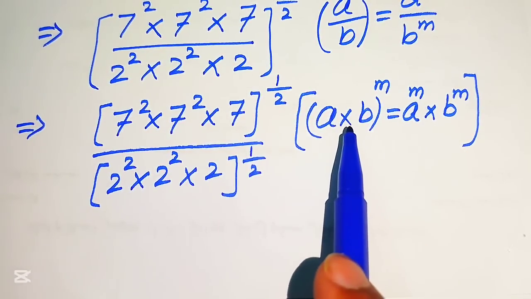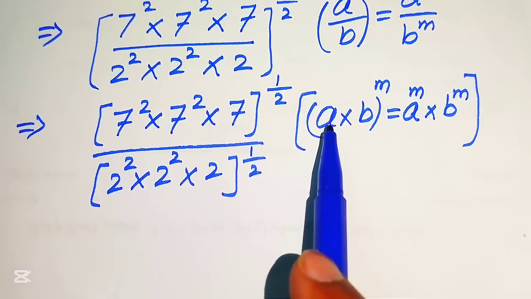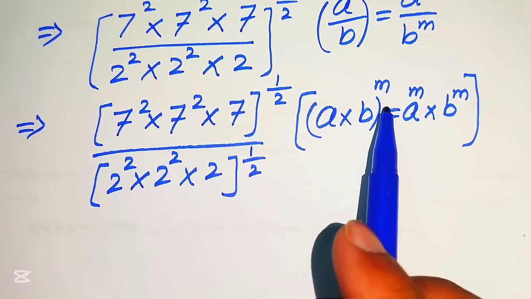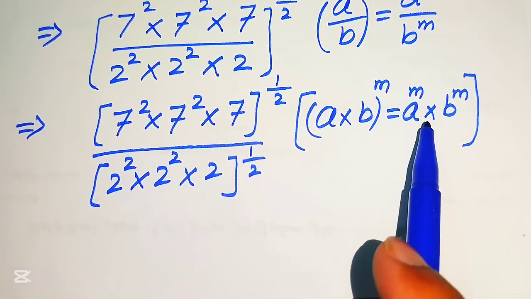Here we can write this on 2 digits only, and if you have 3 or 4 or 5 digits you can apply this m on each of these values in this way.